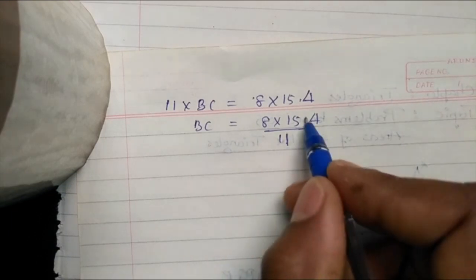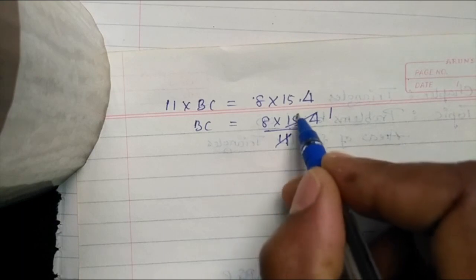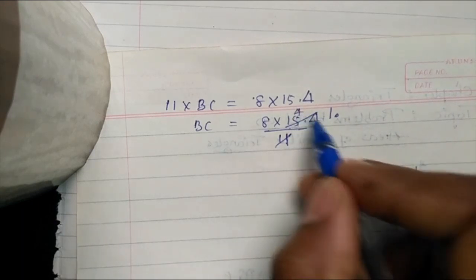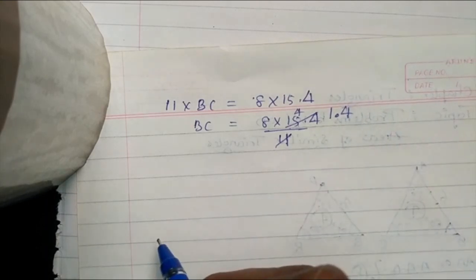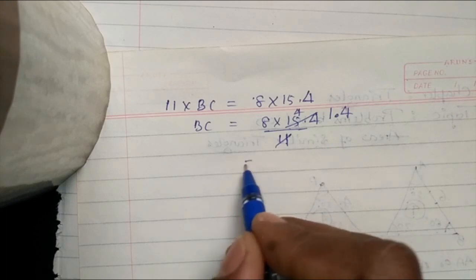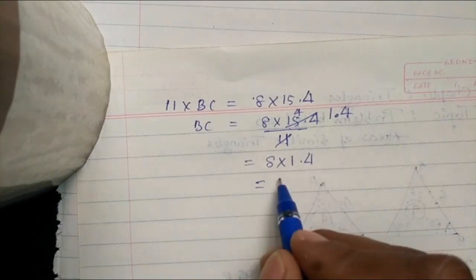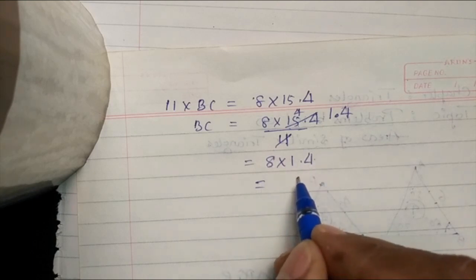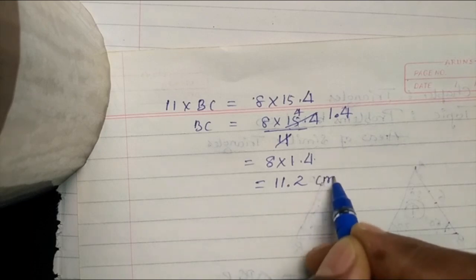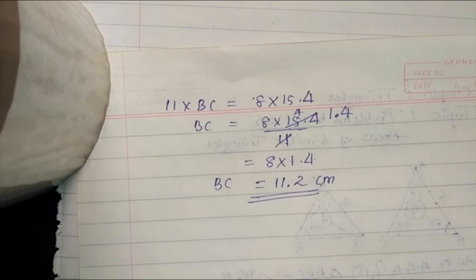So we cancel this 11 and 154. 11 ones are 11, here 4 is the remainder. 4.4 you cannot cancel, so 11 into 1.4 is the 15.4. Now 8 into 1.4 multiplied: 8 fours are 32, 3 carry, 8 ones are 8, then 11. You get 11.2 centimeters. So therefore the length of BC is 11.2 centimeter.